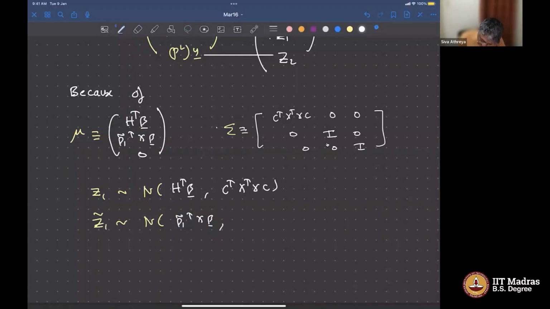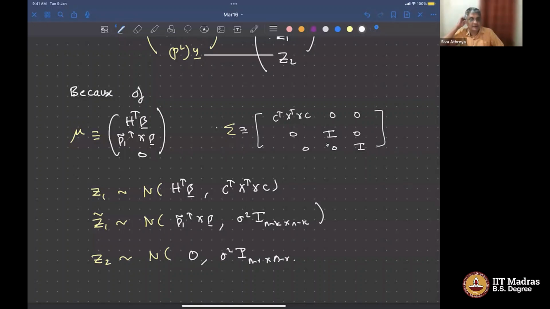The variance is sigma squared times I, with dimension n minus k cross n minus k. The last guy is Z2, again normal, with mean 0 because there's nobody there, and the variance is sigma squared times I, with dimension n minus r cross n minus r. R minus k, I'm sorry.